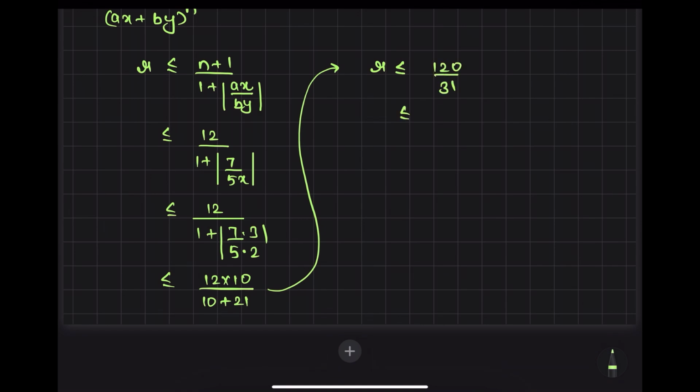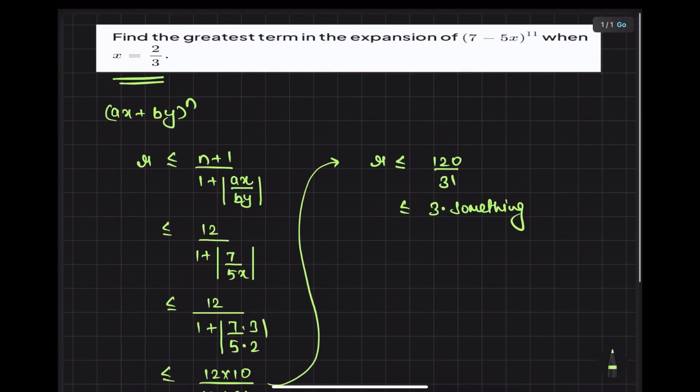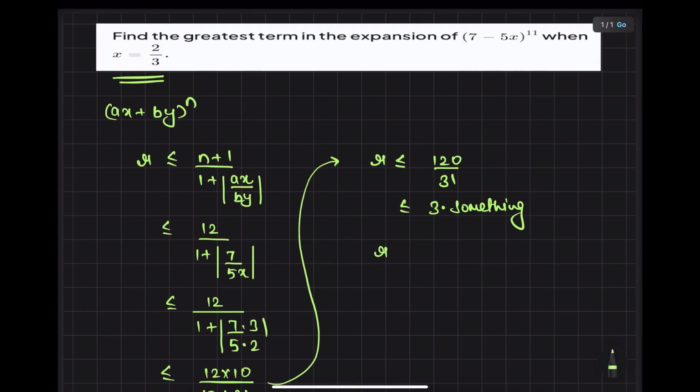Can I say it is 3 point something? We did not get r as an integer, so we have to step back, which means r will be 3.